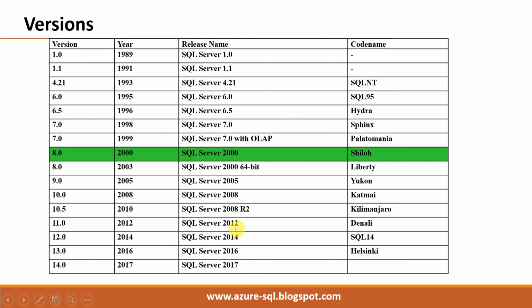For 2012, extended support is going to end this July. That's why almost all the servers which were on 2012 we have already upgraded to 16 or 17 or 19, depending on application compatibility.